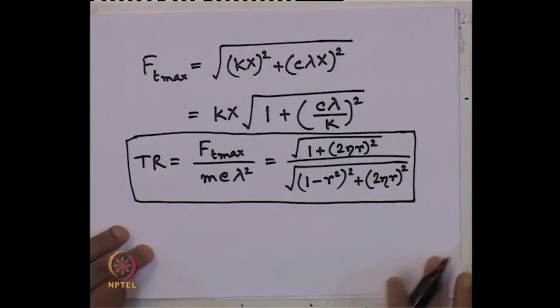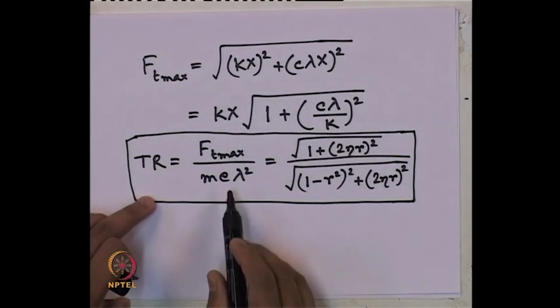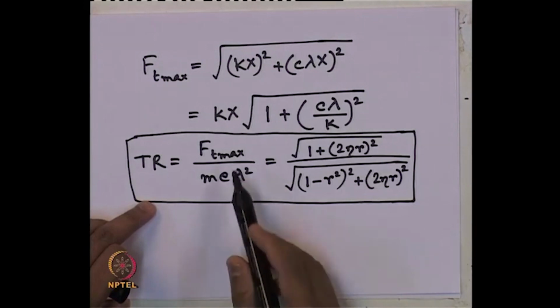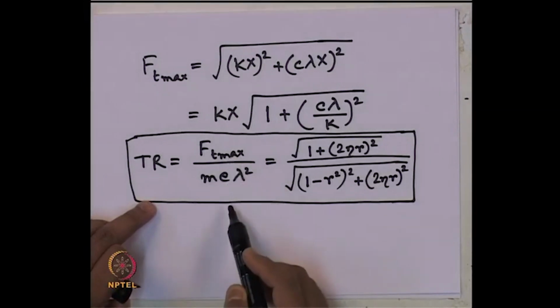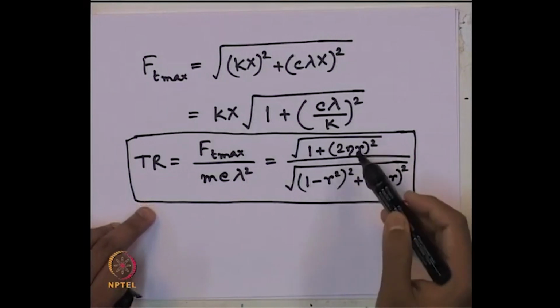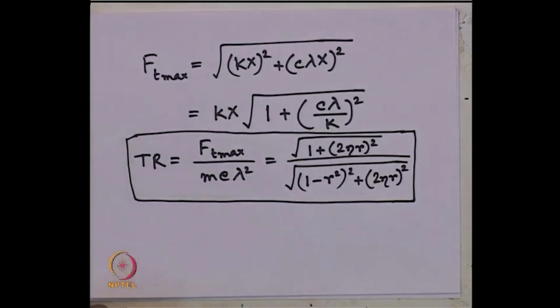And you can see the transmissibility ratio, as expected, is a dimensionless parameter, because it is a ratio of two forces, the force transmitted to the base of the system to the force applied to the system, and it is a function of the frequency ratio and the damping ratio of the system. Okay.